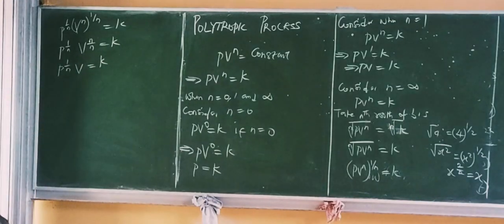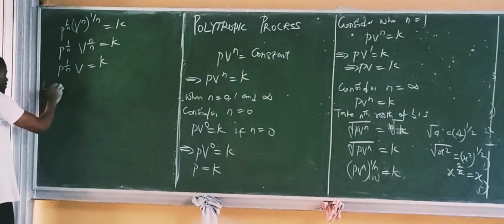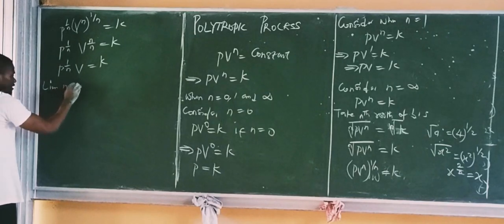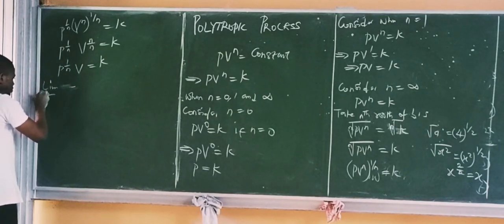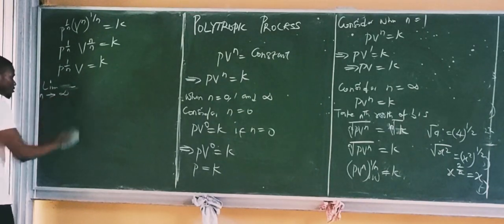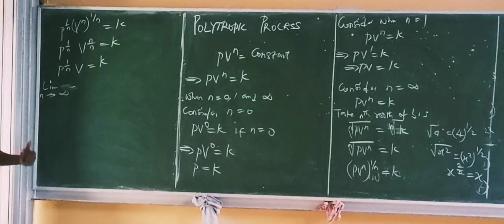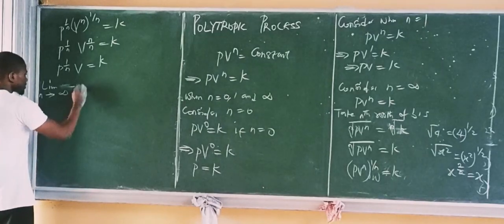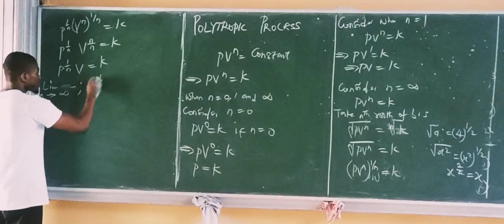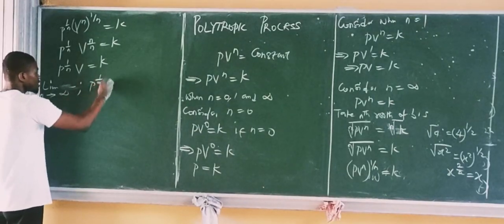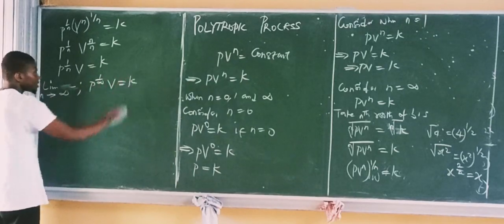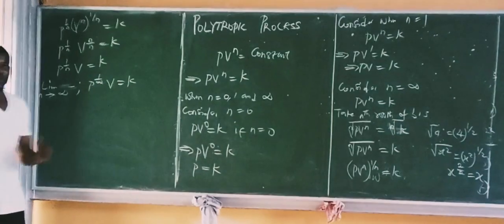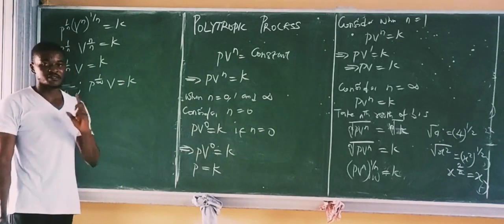So we're simply saying that we take the limit as n tends to infinity, because we are considering when n is tending to infinity. So we are simply going to have P to the power of 1 over infinity times V is equal to K. But remember, in limits, 1 over infinity is simply 0.